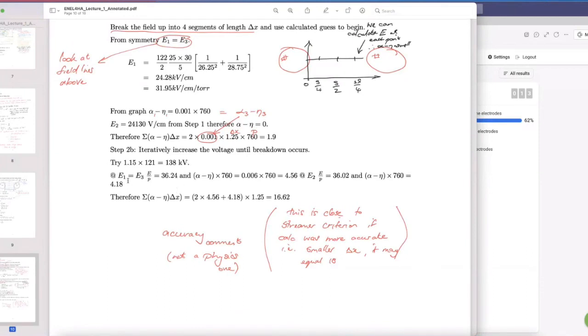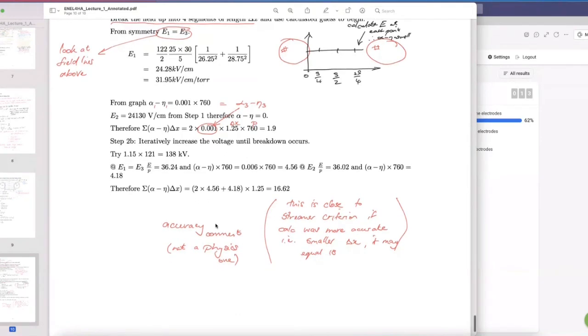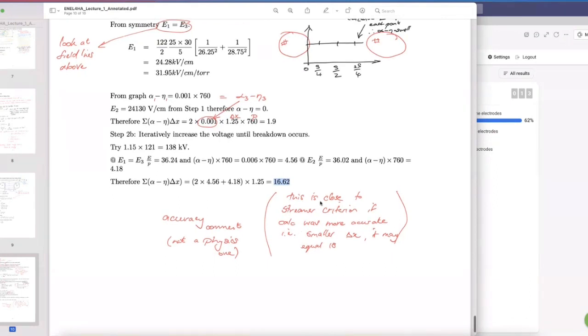We go through the same process where we determine the electric field, we determine the alpha minus eta, and then we sum it up as an integral. And then we can see there that that integral is equal to 16.62. Right, this is very close to the required criteria for streamer breakdown, which was 18.